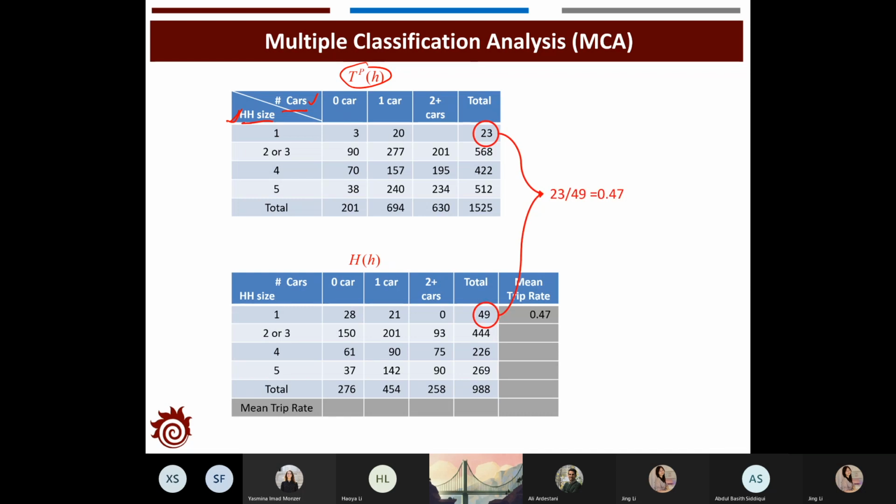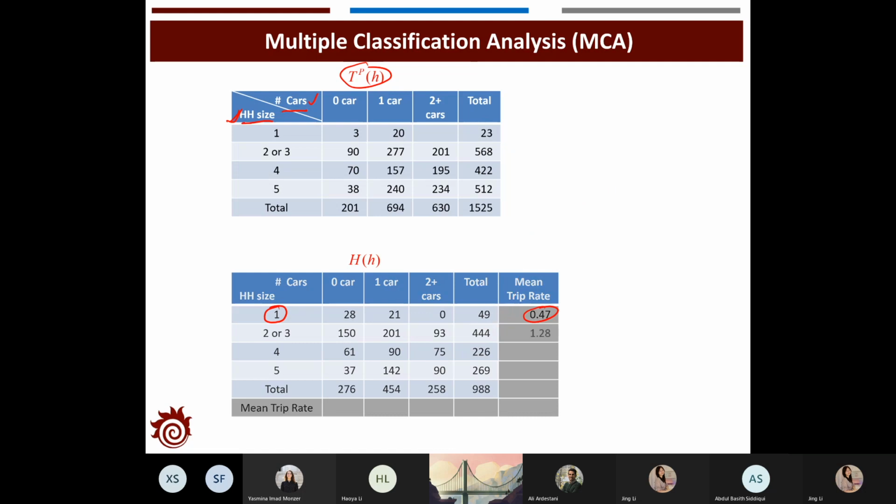The group mean is the ratio between the total trips and the total number of households. For example, for households with 1 person, the mean trip rate would be 23 divided by 49, where 23 is the total number of trips for this category and 49 is the total number of households. That gives you the value 0.47.